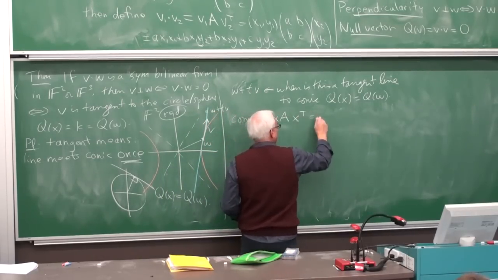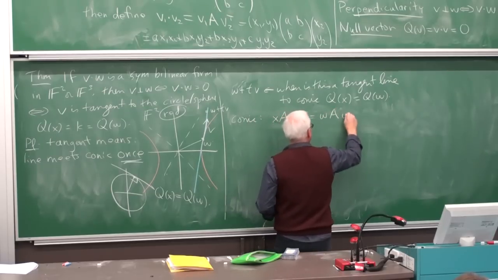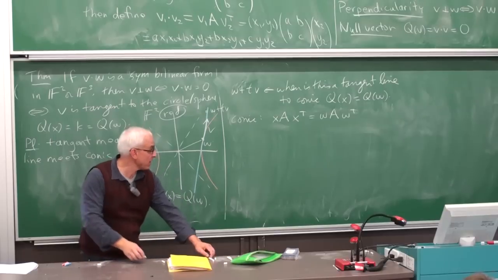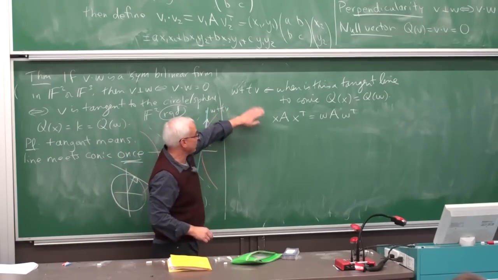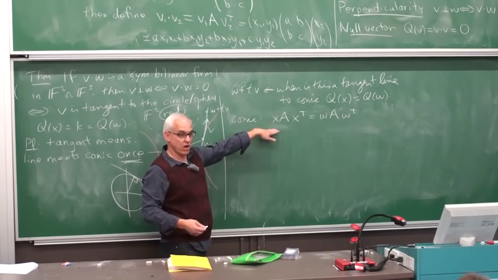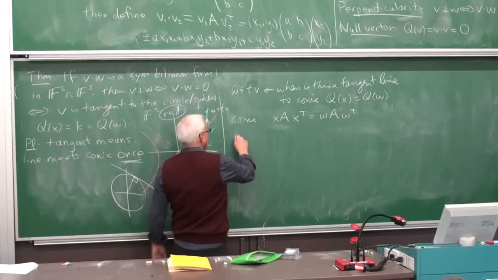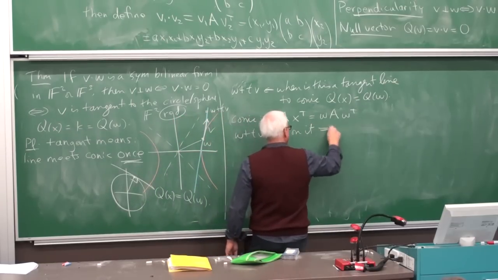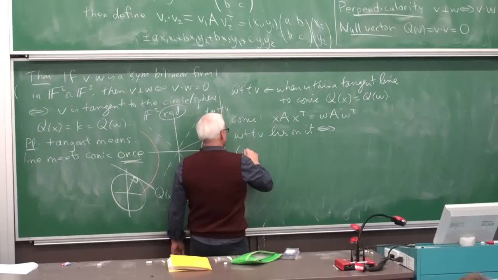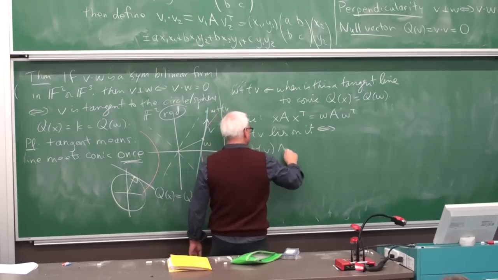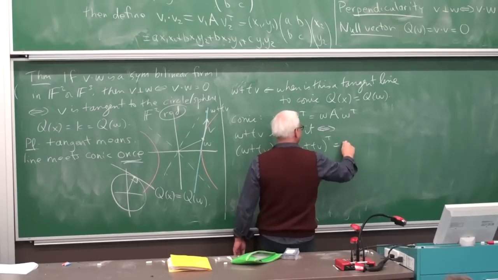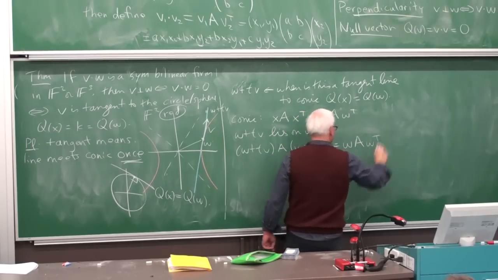X A X transpose equals W A W transpose. That's the equation of the conic, and we're asking, when does this thing lie on this conic? So W plus TV lies on it precisely when W plus TV times A times W plus TV transpose equals W A W transpose.